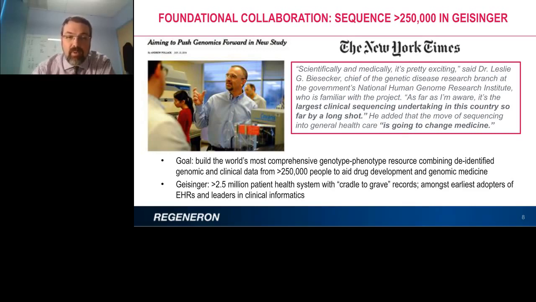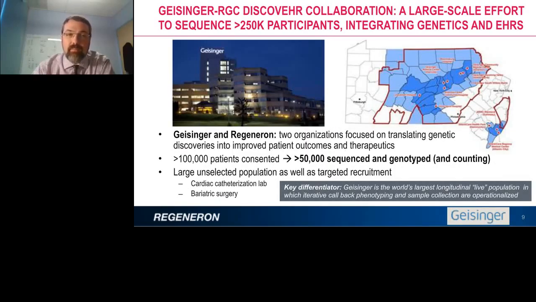They have roughly 2.5 million patients with cradle-to-grave records, which are quite rare. There are very few healthcare systems that adopted the electronic health record system and really deployed it effectively and maintained it over years and years, which has put Geisinger into leadership in clinical informatics and makes them an ideal partner for us.